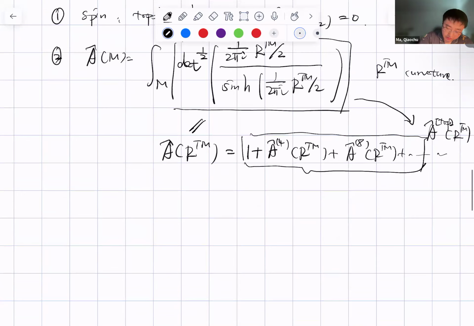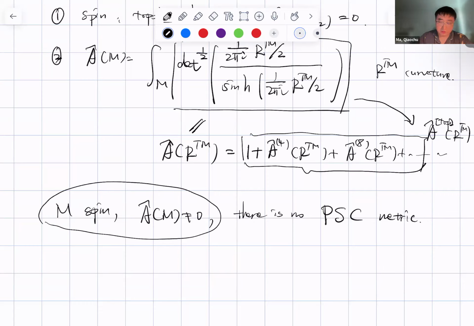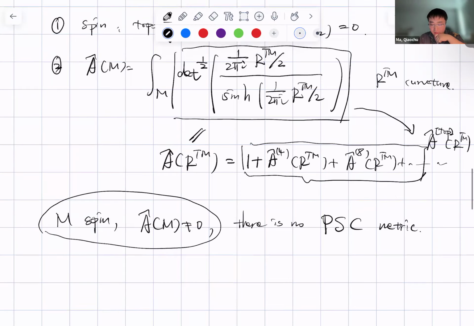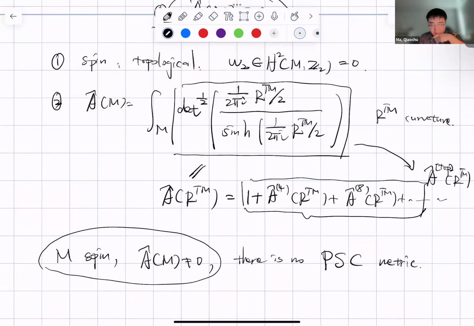So if M is spin and the A-hat genus of this manifold is not 0, then there is no positive scalar curvature metric on this manifold. And we actually have plenty of examples with both properties, spin and non-vanishing A-hat genus. So we have a family of manifolds; positive scalar curvature is not that flexible.